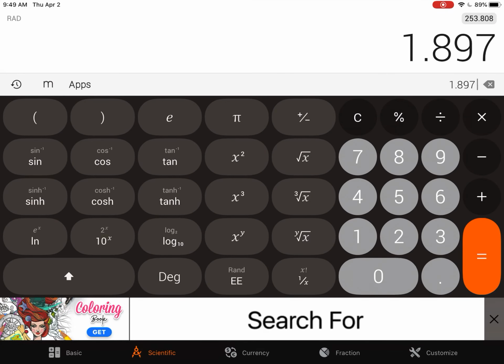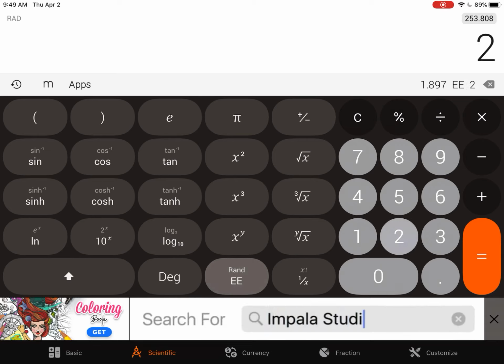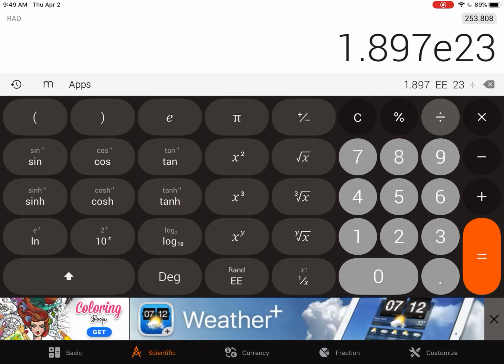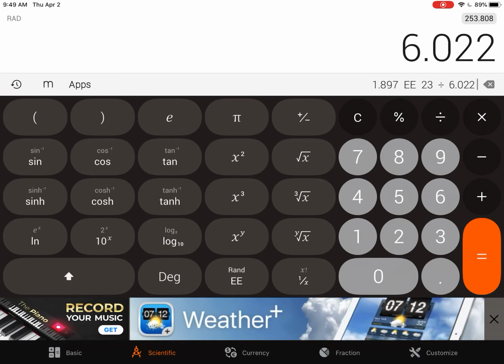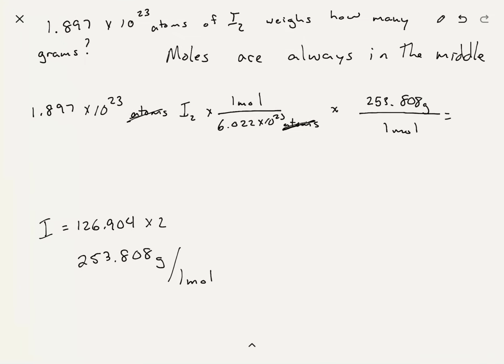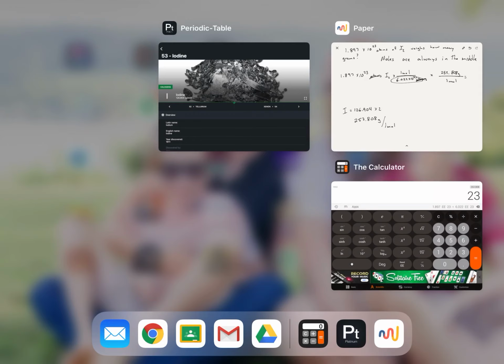So 1.897 times 10 to the 23rd, divided by 6.022 times 10 to the 23rd. As you can see, it's divided by because the 6.022 is below the line.